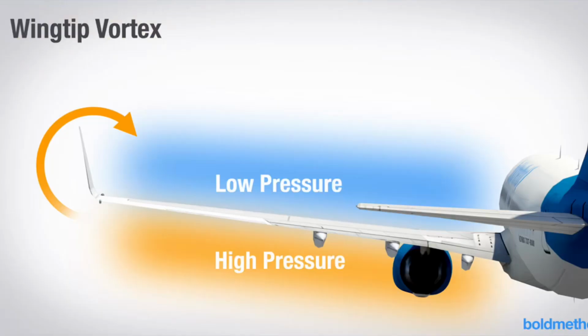Wingtip vortices occur because of the difference between air pressures that are above and below the wing. Like we talked about before, there is a lower pressure above the wing and a higher pressure below. Since we know that air always goes from high pressure to low pressure, we see that the high pressure below the wing surface is going to flow outward and upward to the lower pressure.